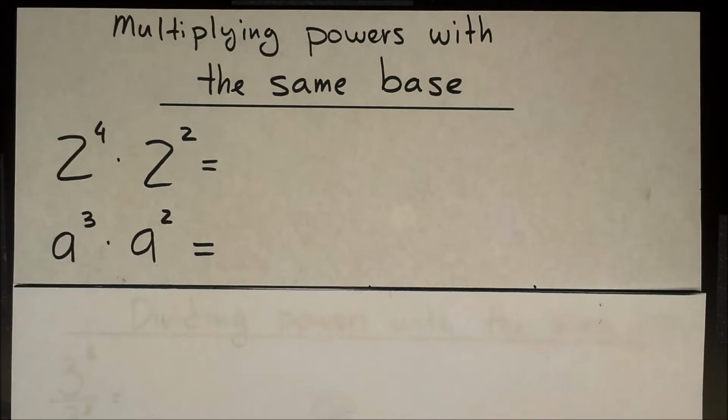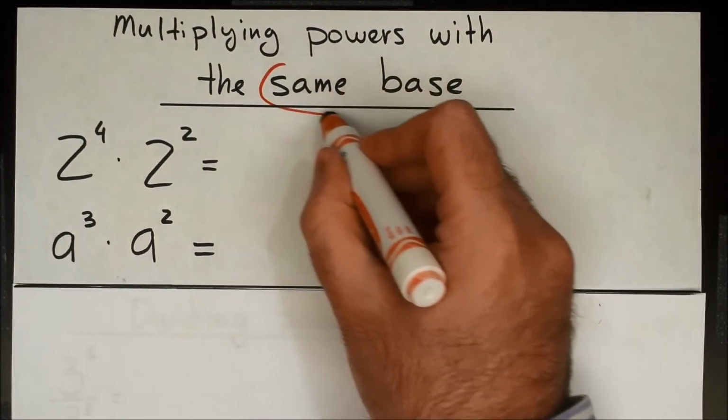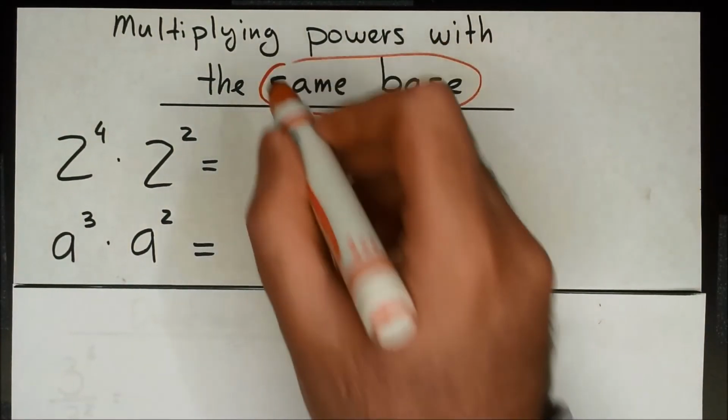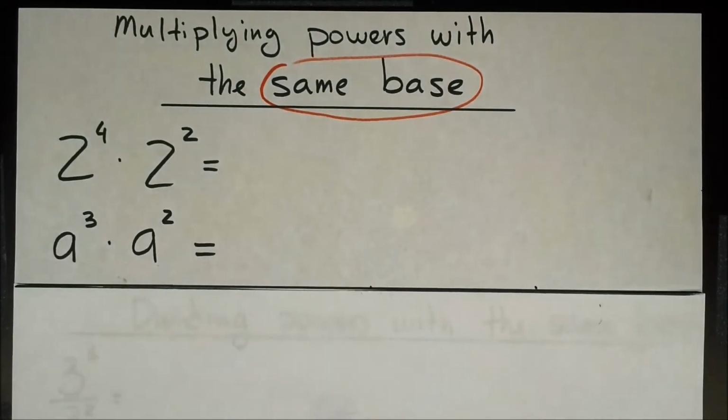So first I want to talk about multiplying powers with the same base. Now this is very important right here. Very important, because almost everything we talk about here today applies only to powers that have the same base.